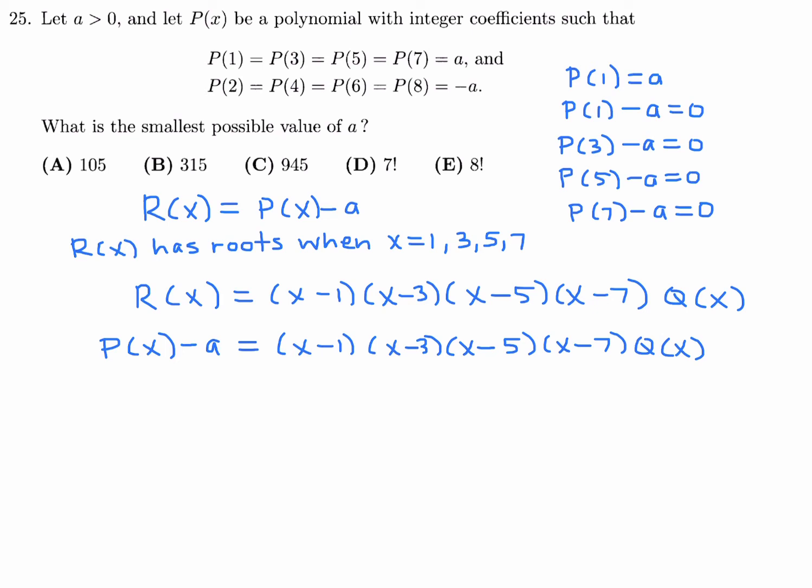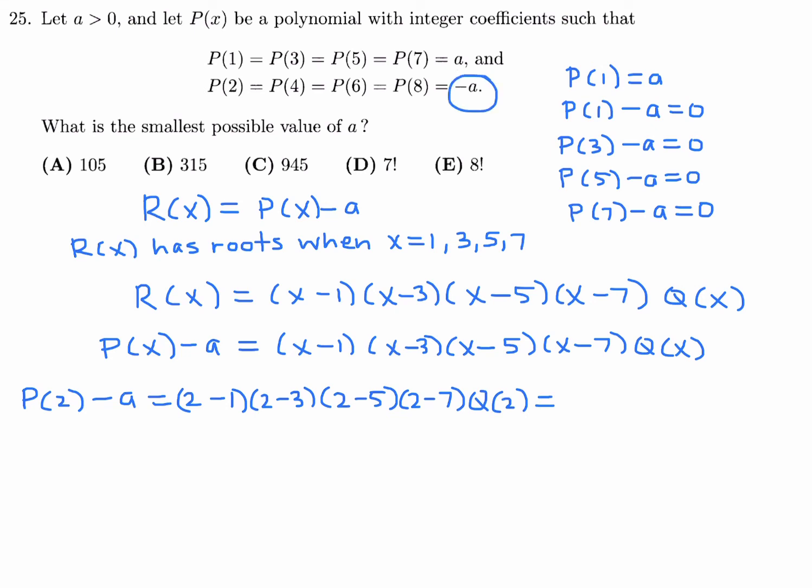First, let's do p at 2. If we substitute 2 for x, we get p at 2 minus a is equal to 2 minus 1 times 2 minus 3 times 2 minus 5 times 2 minus 7, and then we have q at 2. And that is equal to minus a, correct?